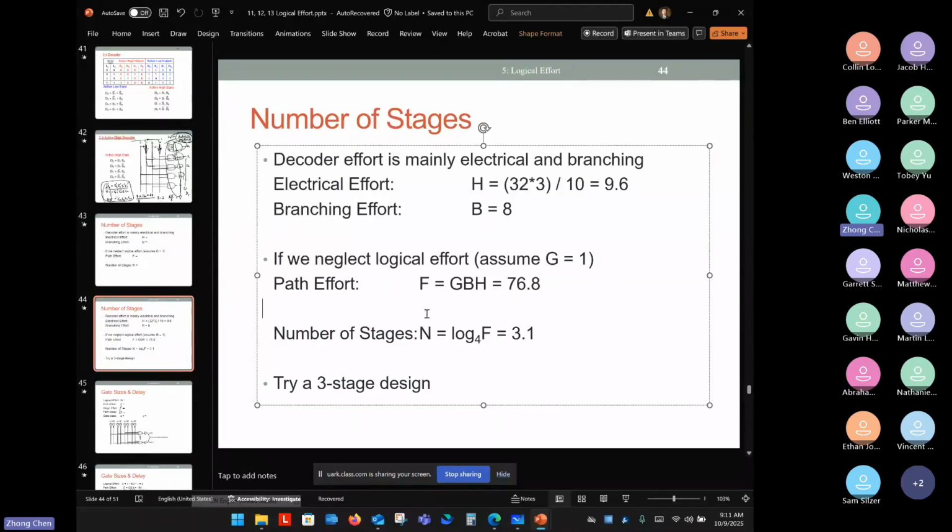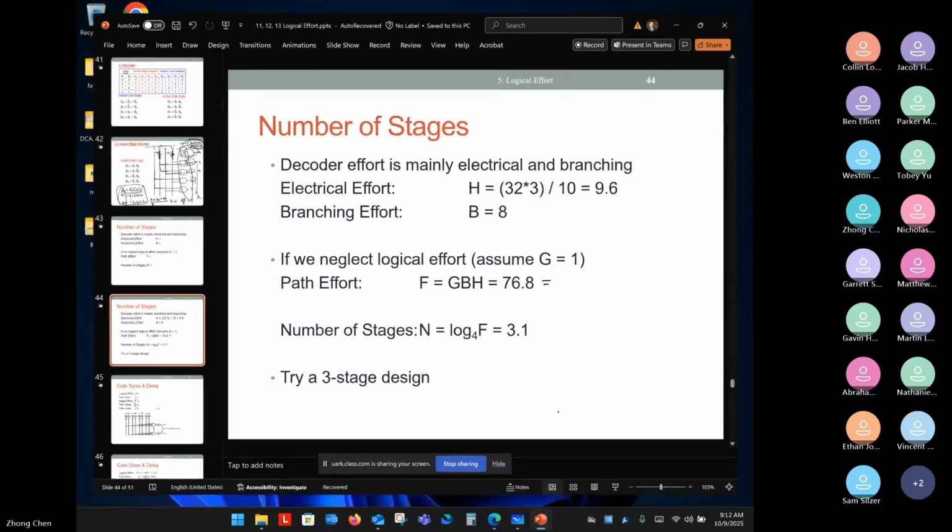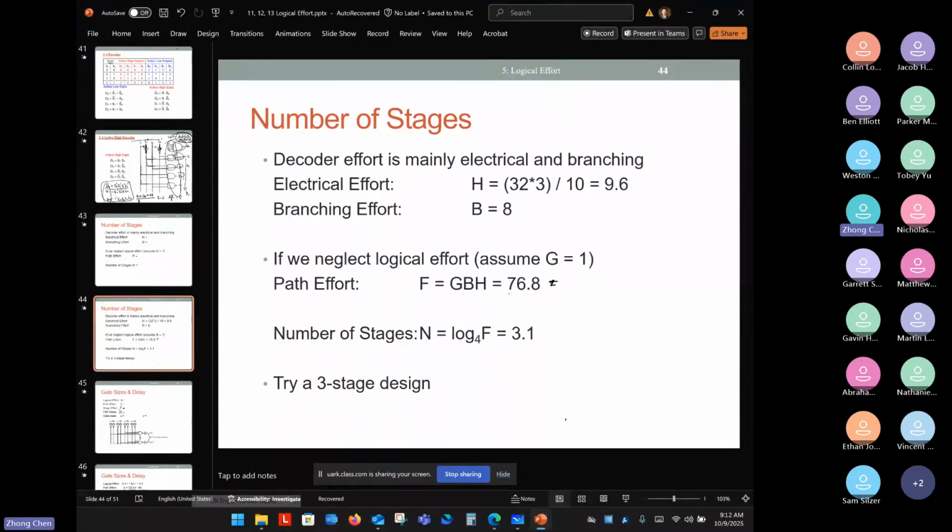So rho equal to 4 means F to the power of 1 over n is equal to 4.